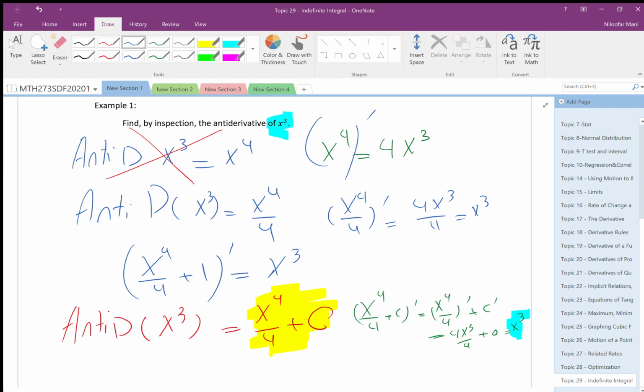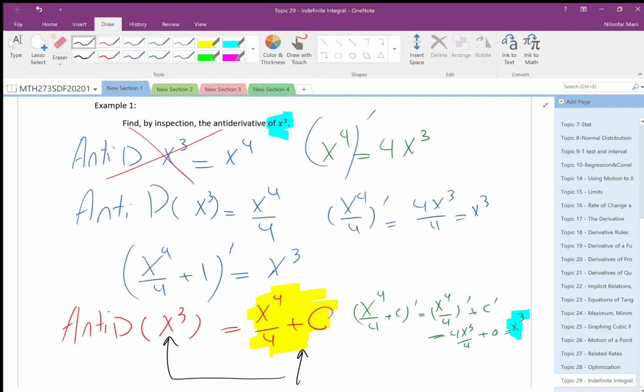How can I make sure the answer is right? I find the derivative of the right side, and I see I can reach the left side. So when you do an antiderivative, if you take the derivative of the answer, you should go back to the original function.